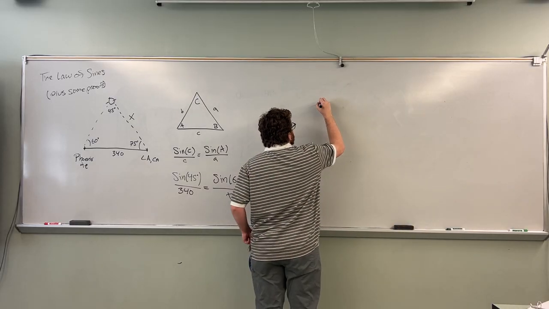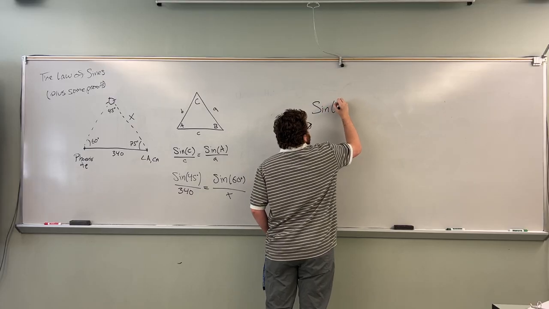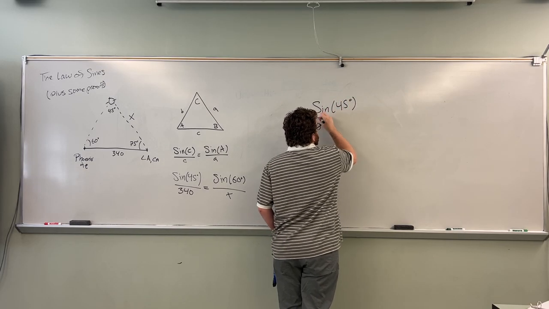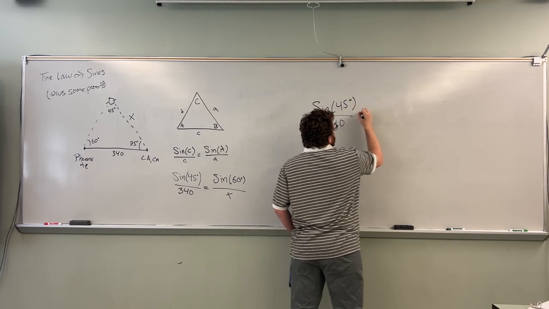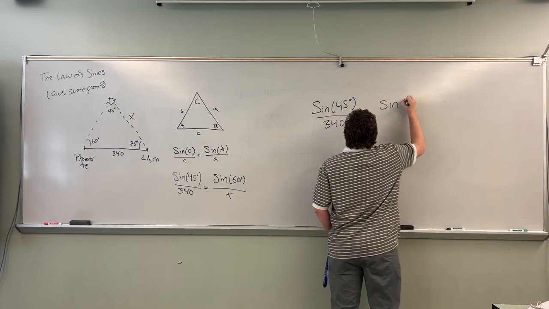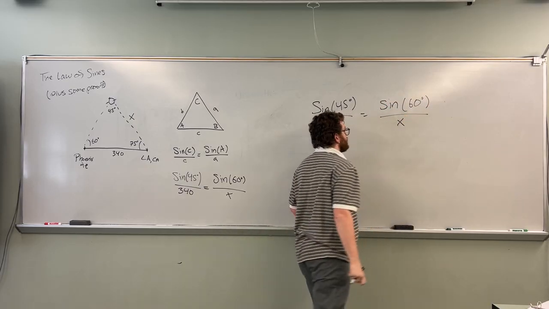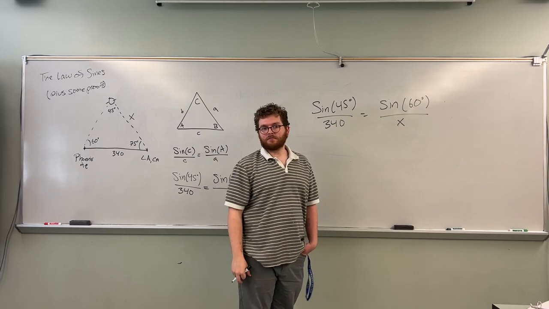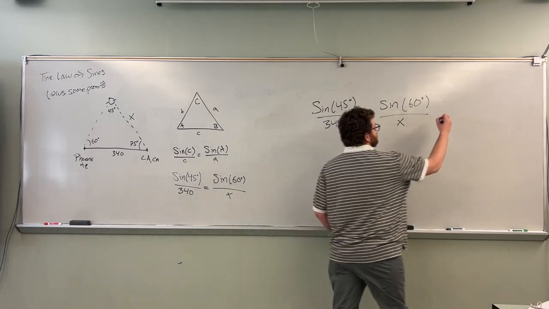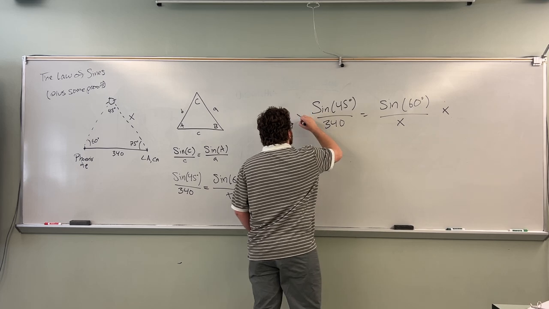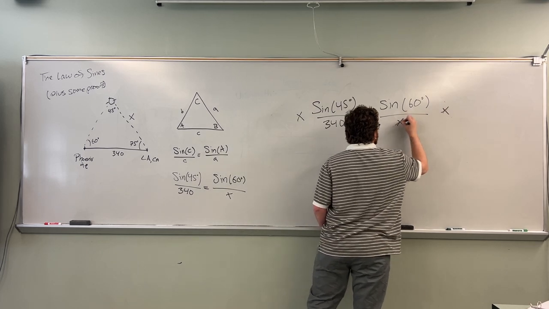So the thing I'm solving for, now algebraically, is sine of 45 degrees over 340 equals sine of 60 degrees over x. To solve for x, I can multiply both sides by x. X is over here canceled.